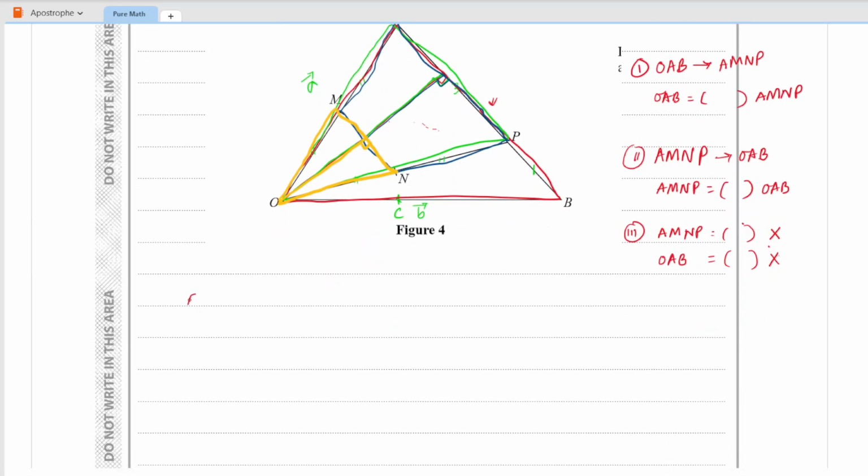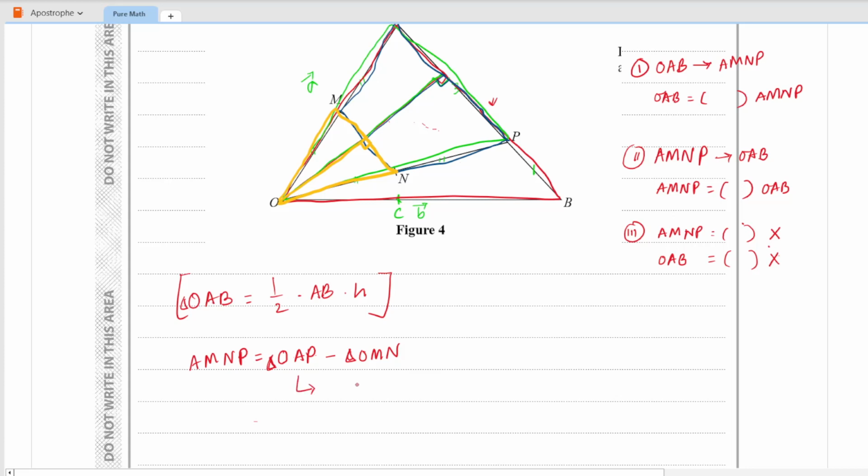so if we look at OAB, it is nothing but half into AB into, let's say this height is H. Okay, you don't write this, I'm just writing this so that you can understand. And AMNP is equals to OAP. I'm not using the triangle sign here properly, so don't forget to write that. OAP minus triangle OMN. Okay, now what is OAP?